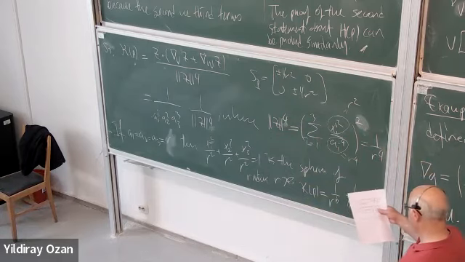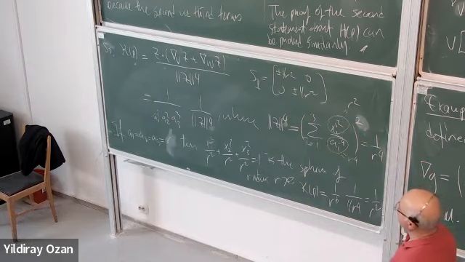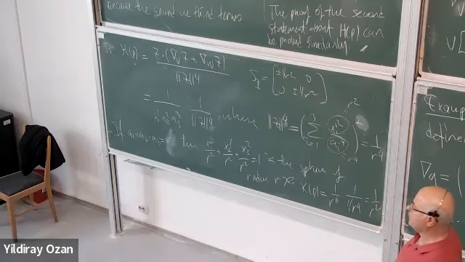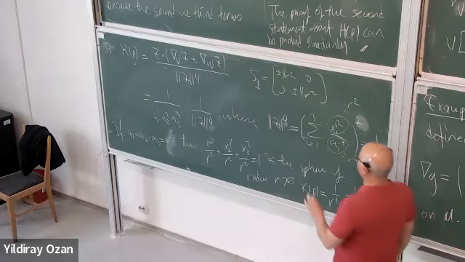Okay, so it should be 1 over r squared. What are we doing wrong? Gaussian curvature is the determinant of the shape operator. Oh, sorry.